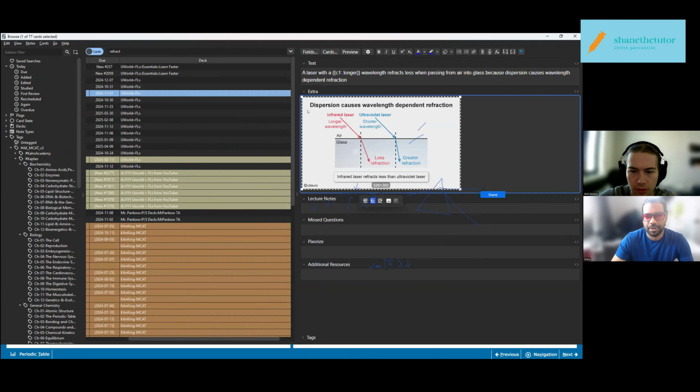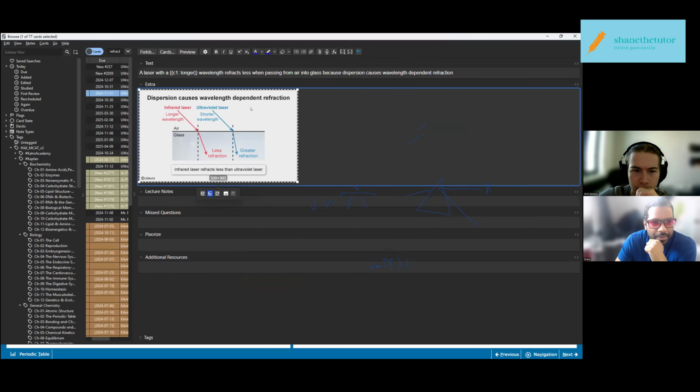Laser with a longer wavelength refracts less when passing from air into glass because dispersion causes wavelength-dependent refraction.